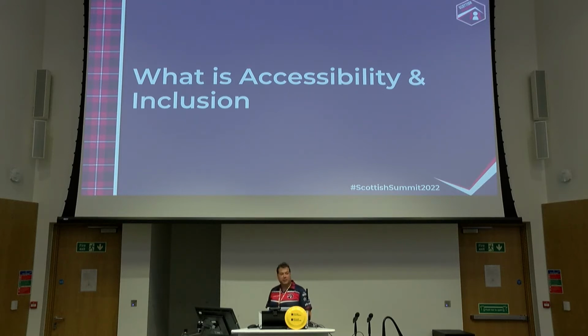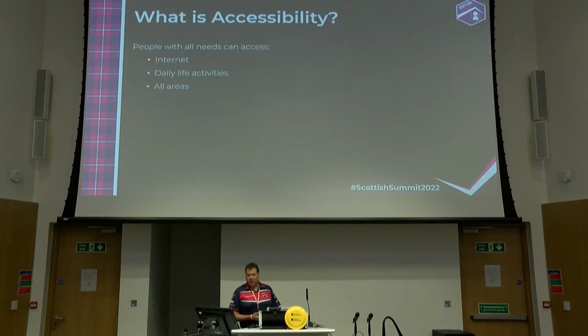So what is accessibility and inclusion? First of all, what is accessibility? Accessibility means people with all needs, the normal needs and the special needs, can access the internet, can access daily life activities, in fact, can access all areas. And even during the pandemic, it became more and more important that people realize that if the IT solutions, like the apps or the internet or the web apps, are not accessible, people can get excluded from daily life even more than 5 years ago or 3 years ago.